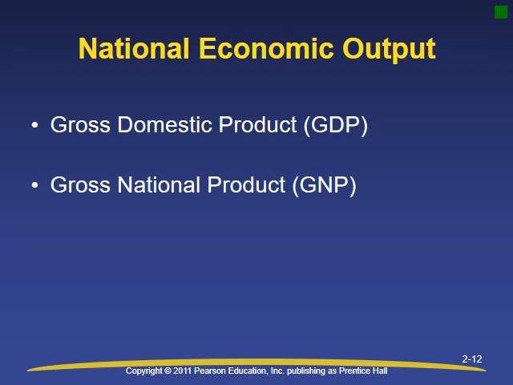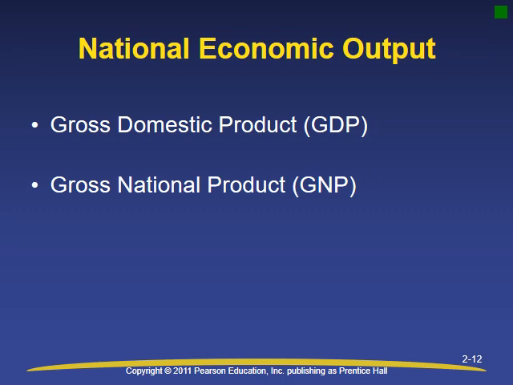The broadest measure of a nation's economic health is the gross domestic product, also known as GDP. The GDP measures a country's output, its production, distribution, and use of goods and services by computing the sum of all goods and services produced for final use in a country during a specific period, which is usually a year.